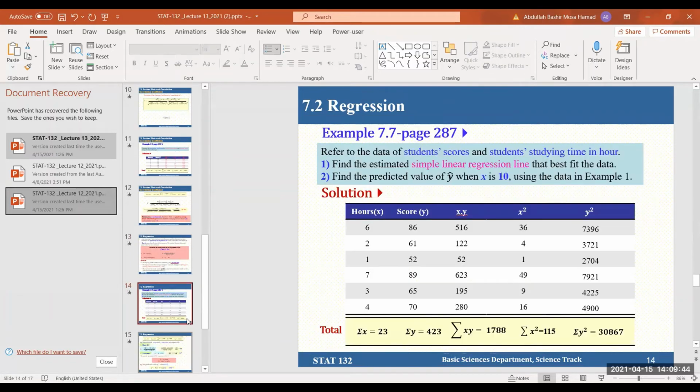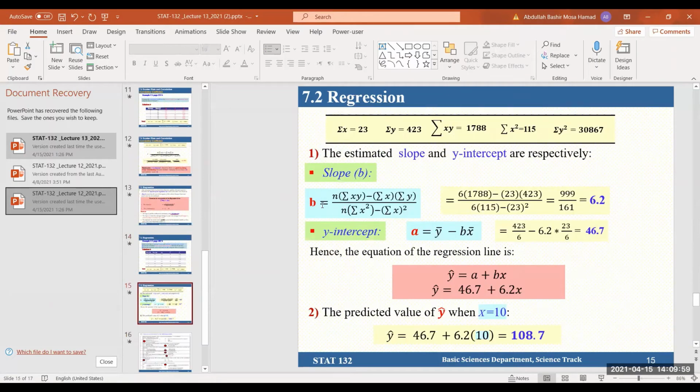Let's see how to compute. Already we have these values. We computed them before. Now we use the same summation of x, summation of y, to find b. This value is the same, even this value is the same.